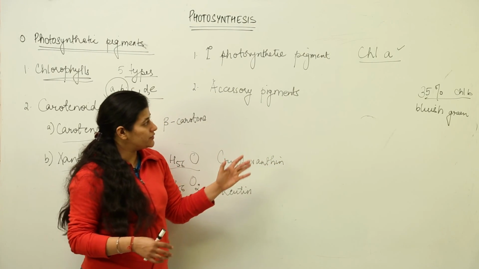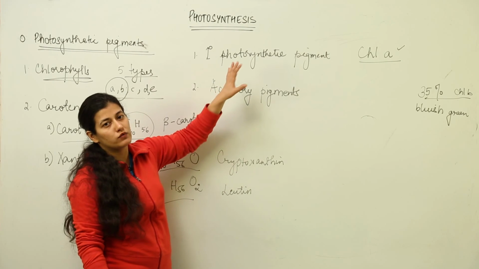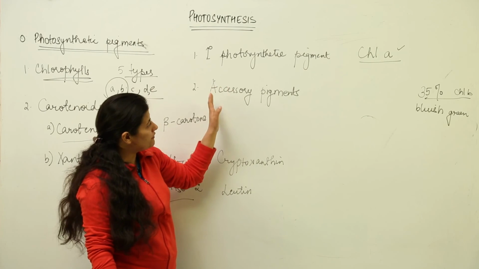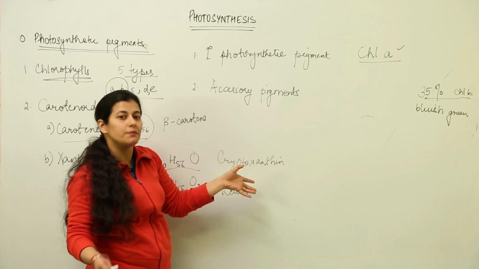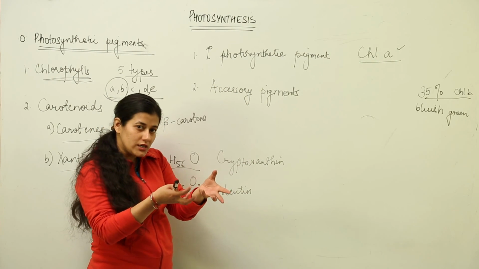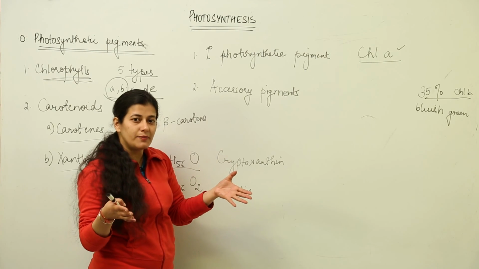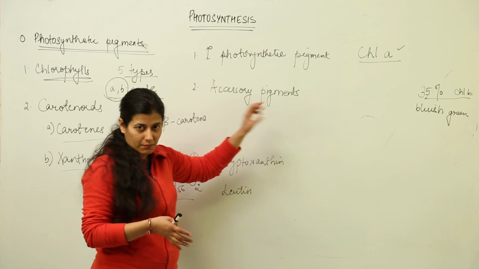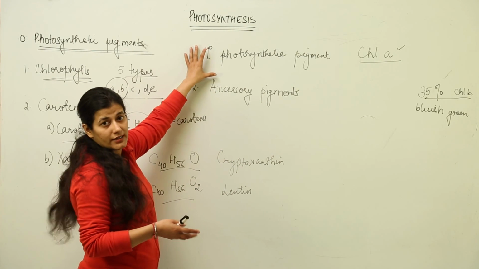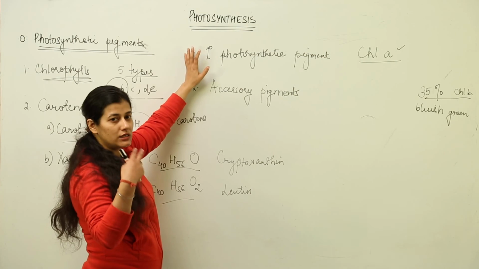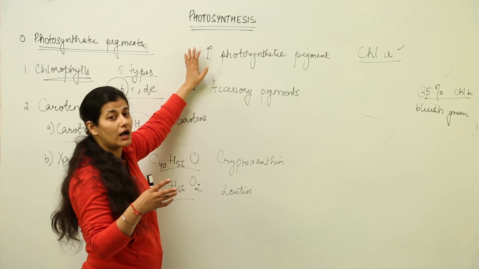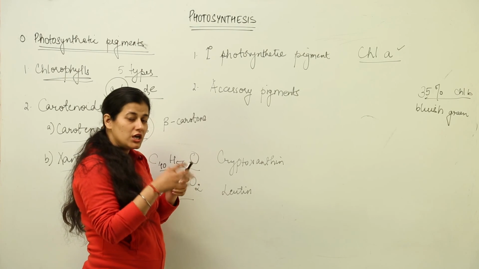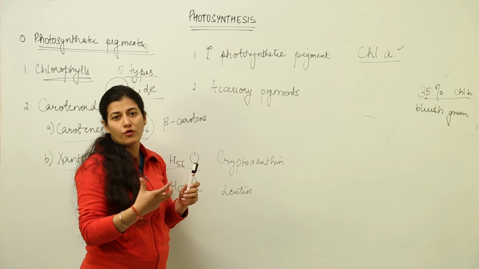So we see that we had two types of pigments. One was the primary photosynthetic pigment, that was chlorophyll A, we talked about its structure. Then we have the accessory pigments which help the primary photosynthetic pigment to take up the energy and broaden the spectrum, ultimately to perform photosynthesis, of course. The primary photosynthetic pigment happens to be green because green is reflected, the rest of the colors are taken up, and we know that the bluish part has the maximum energy, so they make maximum use of sunlight.